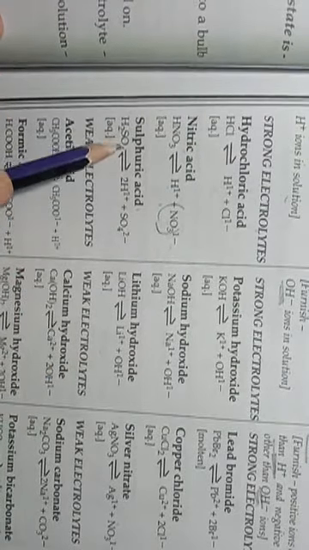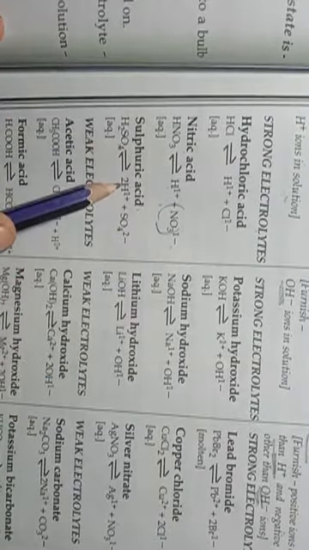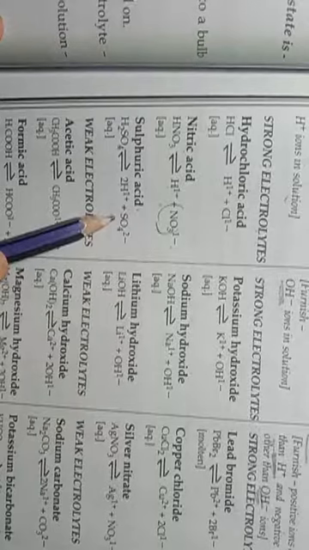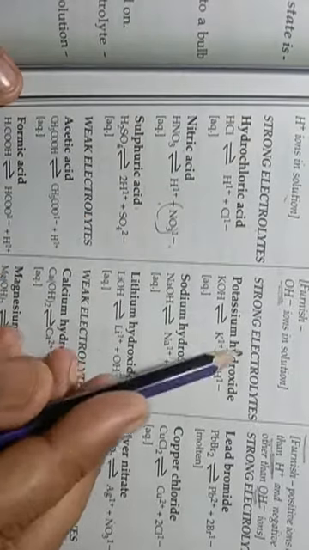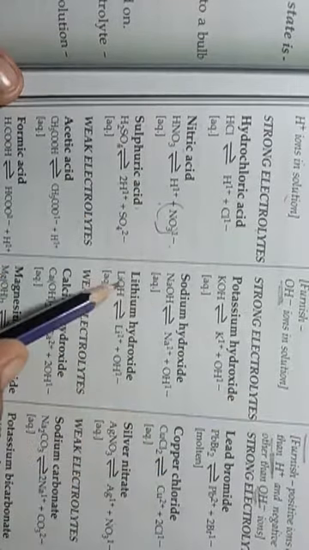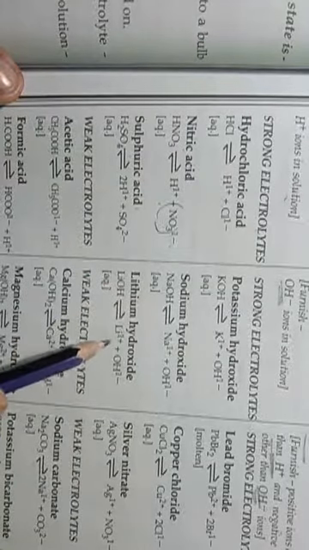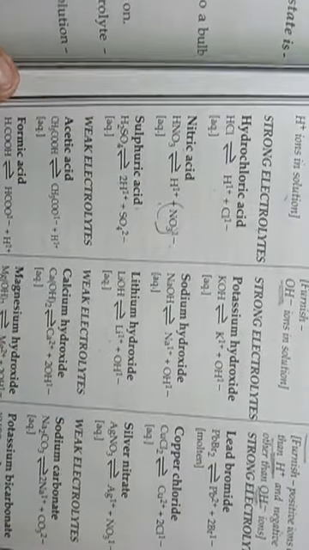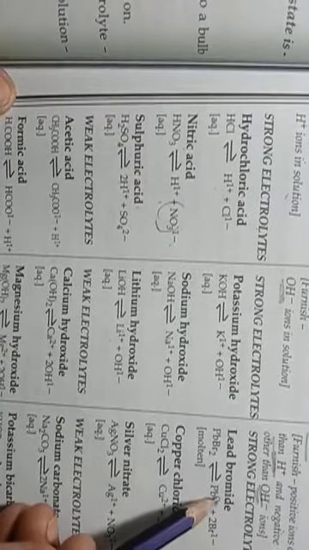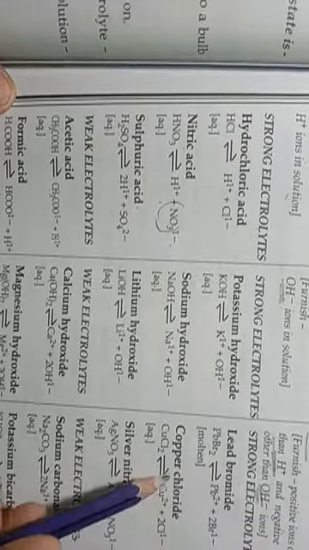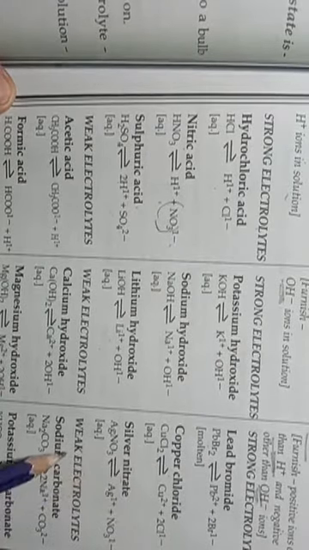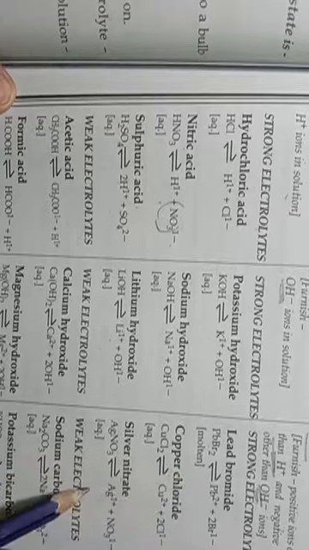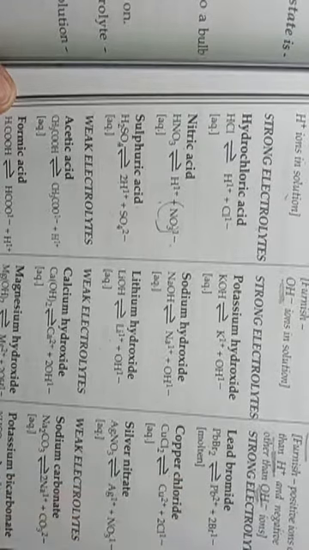Sulfuric acid, H2SO4, gives 2H+ and SO4 2-. In the same way, all alkalis are strong electrolytes which dissociate completely into ions. Likewise salts such as lead bromide, copper chloride and silver nitrate dissociate almost completely, so they are strong electrolytes.